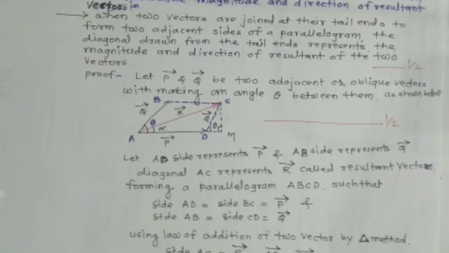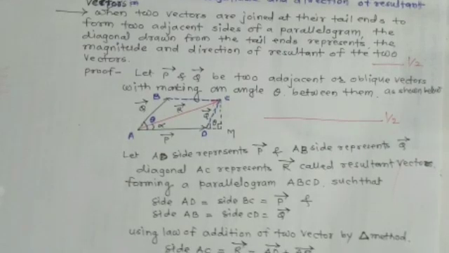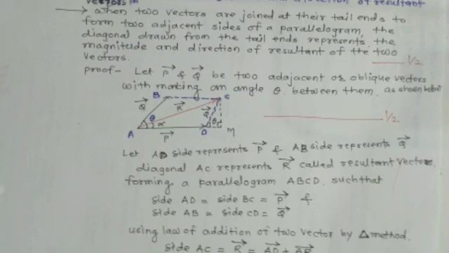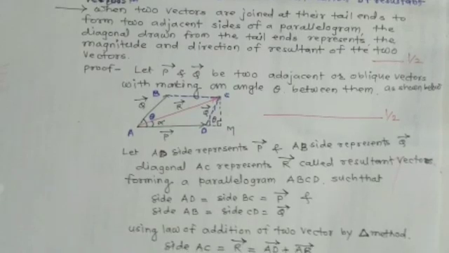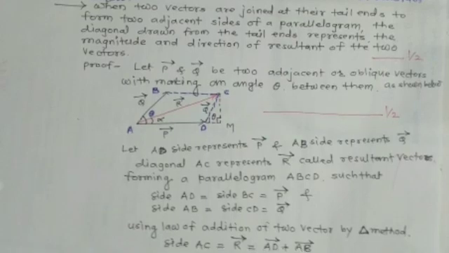Proof. Let vector P and vector Q be the two adjacent vectors making an angle theta between them, as shown in the figure.